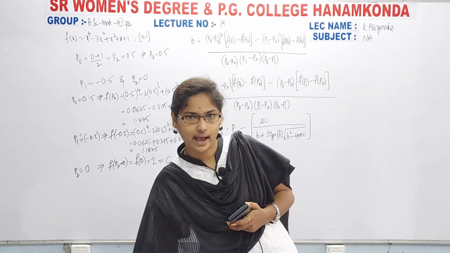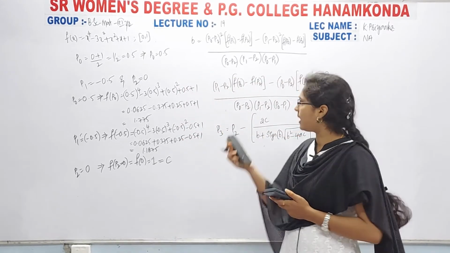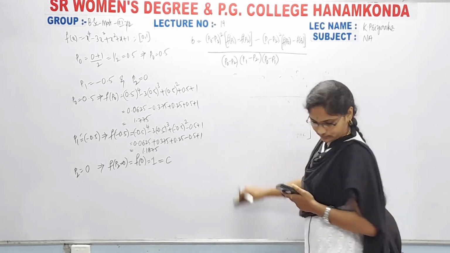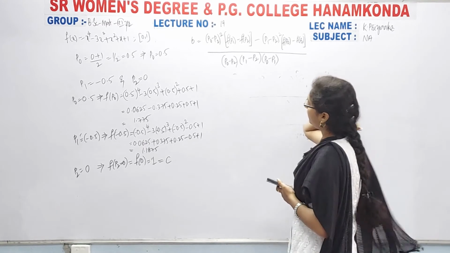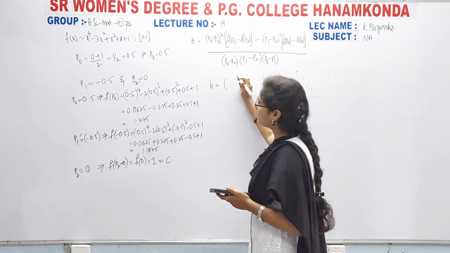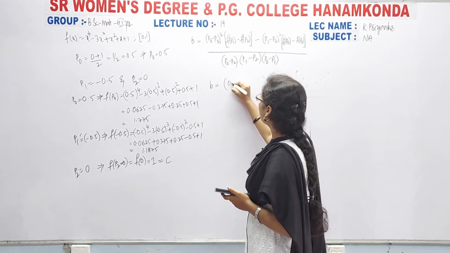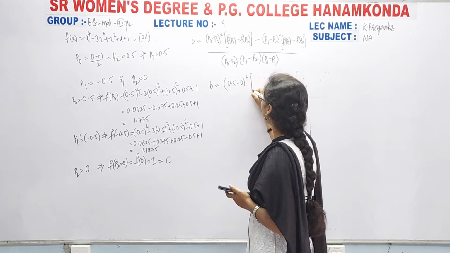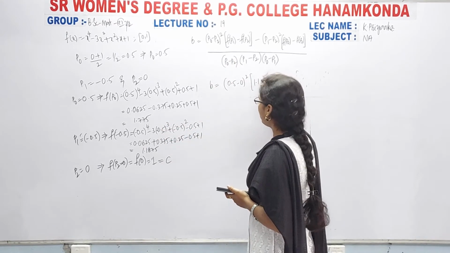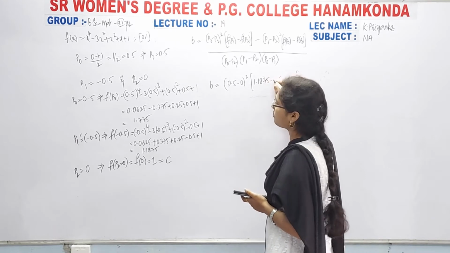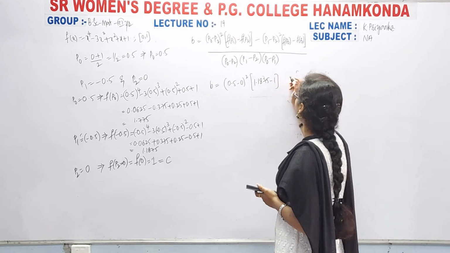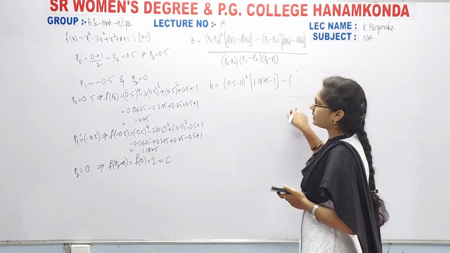Already I have a formula, so I am simply taking that formula and substituting all the values in it. So now b is equal to p naught minus p1. P naught value is 0.5, minus 0 whole square, of f of p1. F of p1 means 1.1875 minus f of p2, which is 1, minus p1 minus p2 whole square.